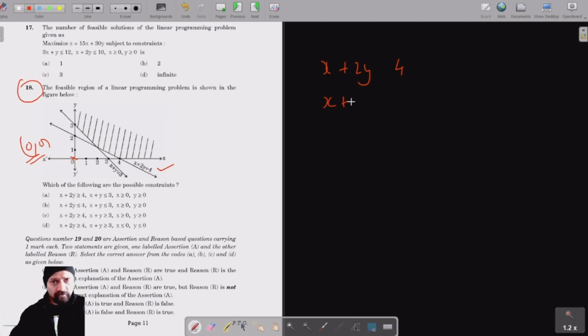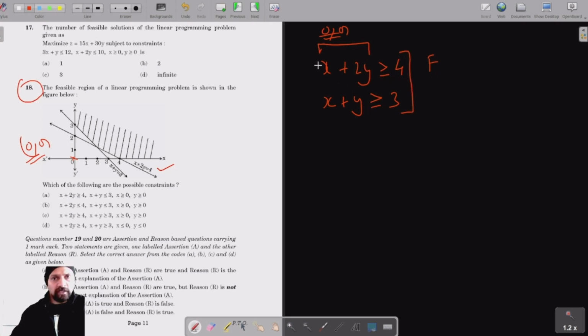The next one was x plus y is equal to 3, and if I put 0 comma 0 here, 0 is less than 4, which means I have to make it false, so I will put greater than or equal to. Now 0 is less than 3, which would make it true, so this should be greater than or equal to 3.